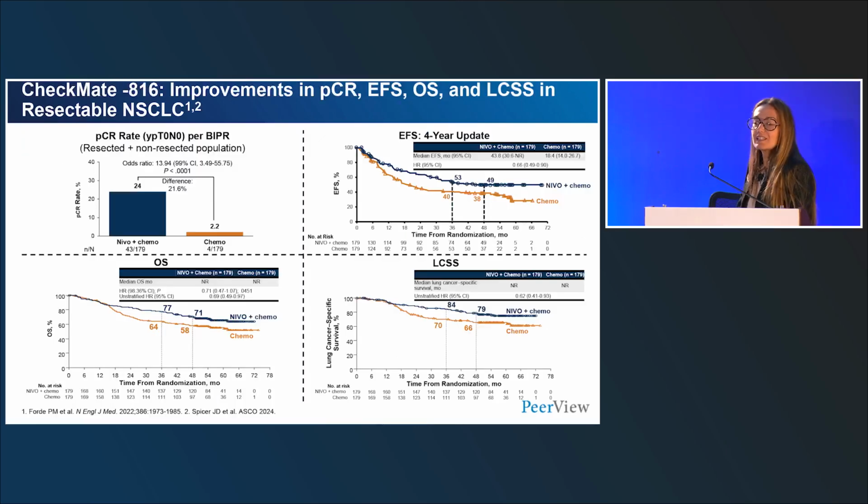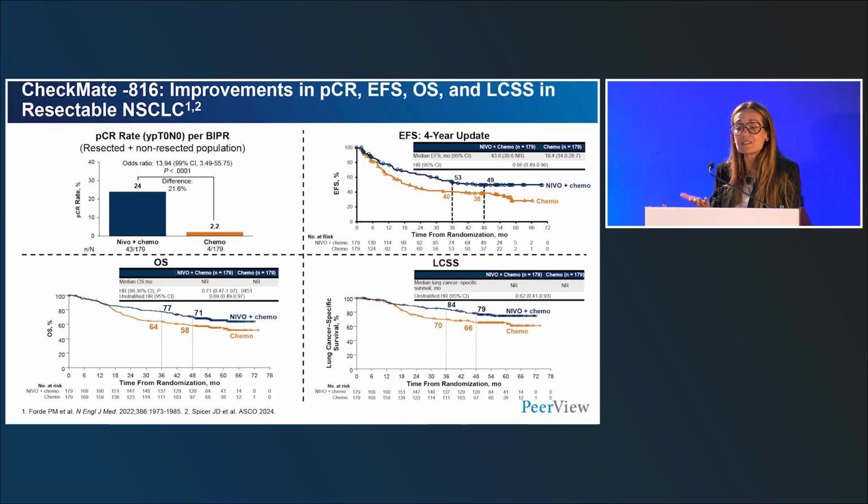And so here's the data that justifies all these possible approaches. CheckMate 816 is the pivotal, probably leading trial that has really transformed the standard of care for patients with resectable disease. Stage 1B at that time, because that trial used the AJCC 7th edition, so 4 centimeters or greater, or with nodal positive disease, so stage 3A at that time.